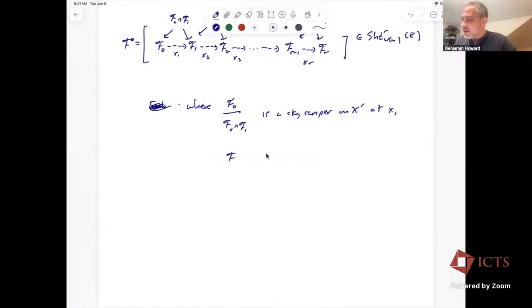And that's the cokernel of this arrow. If I look at the cokernel of the other arrow, F1 mod F0 intersect F1, that's a skyscraper sheaf at the conjugate point.